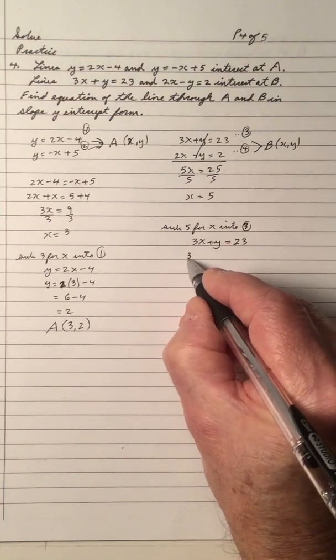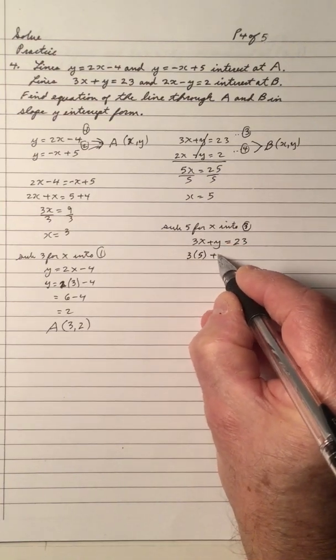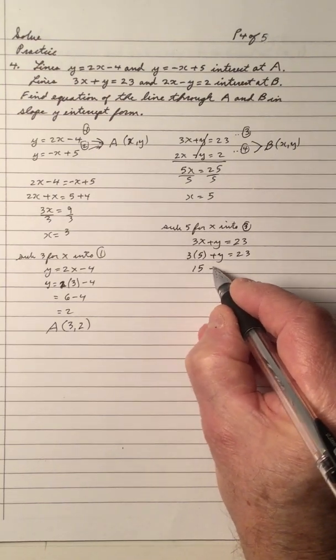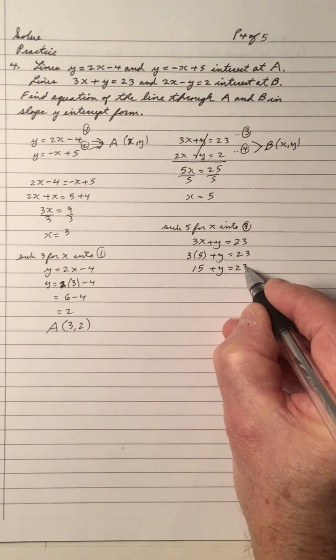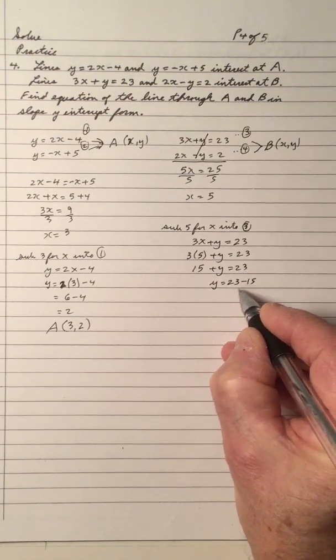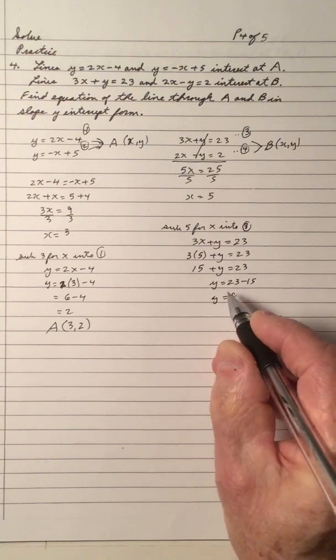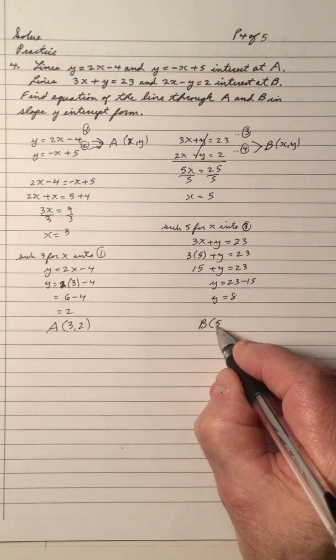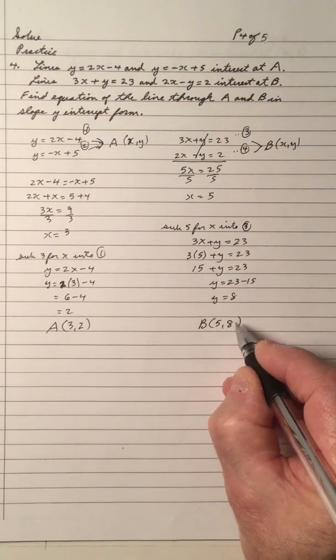X is 5, so we're subbing in 5. We get 15 plus y equals 23. So y equals 23 minus 15. So y is 8. So that means B has x is 5 and y is 8.